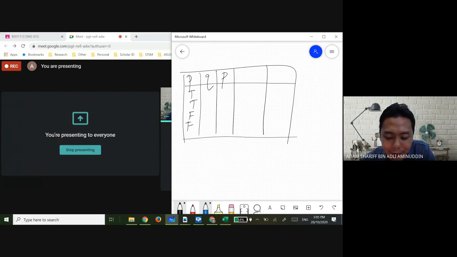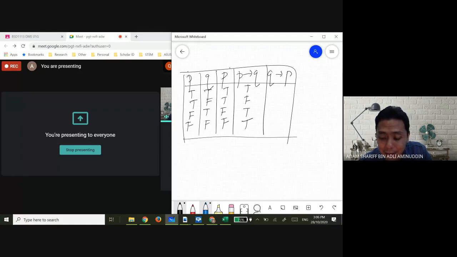TTFF, TFTF, TTFF. This P is the same like the first P. Okay, P implies Q. T, F, T, T. Q implies P. Okay? Fokus kita tak faham tadi tu.